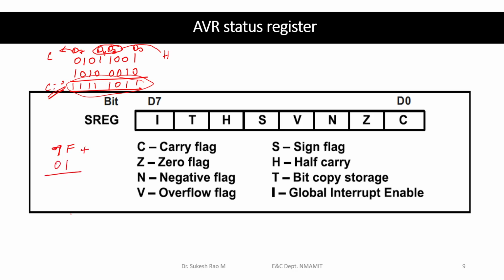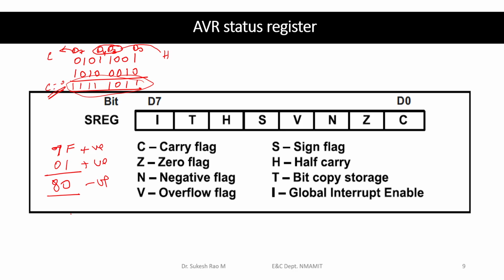My result is 80. I'm adding two positive numbers and getting the result as a negative number. So this indicates overflow. Because the MSB is 1 here, that's how you treat positive and negative numbers. If you add two positive numbers and your result becomes a negative number, that indicates the overflow flag.